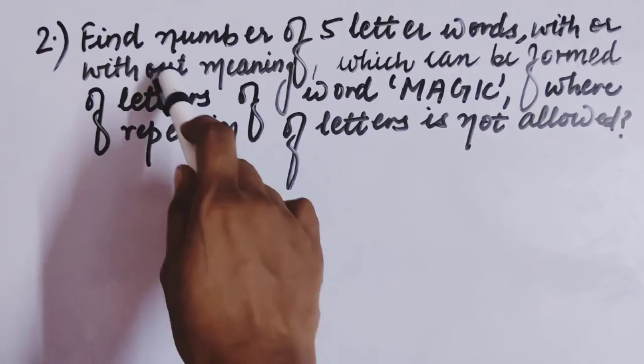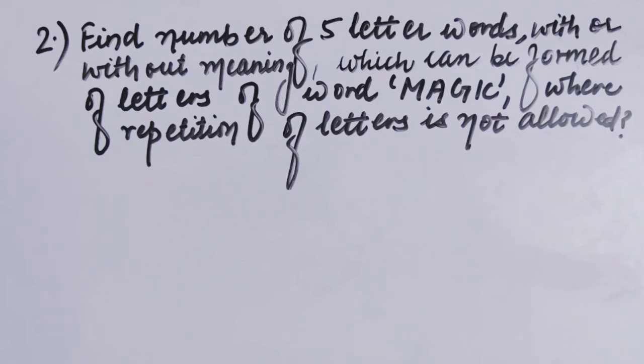If it has a meaning, that is fine. If it does not have any meaning, then it is also okay. So we have to tell them how many total words can be made out of the 5 letters of the given word MAGIC. Now see here students, how you will do such questions.